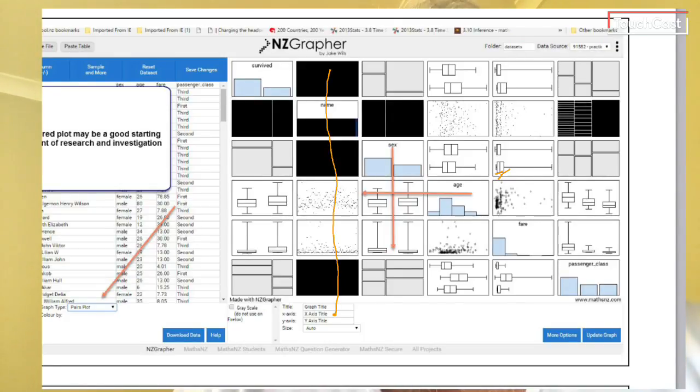This is the column, these are the rows. So the intersection of this row with that row gives you the credential to this graph.